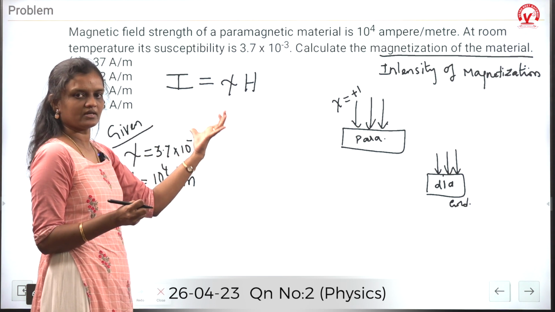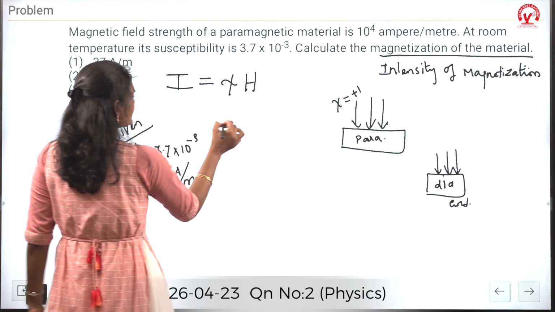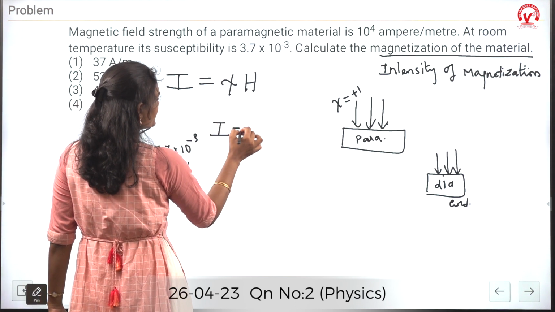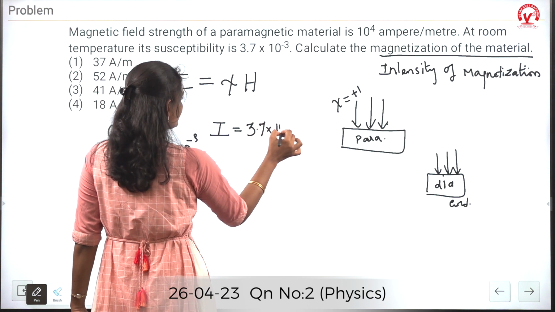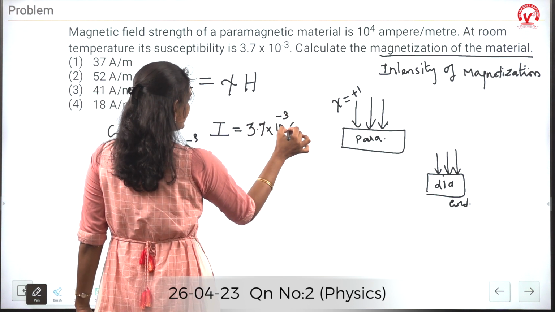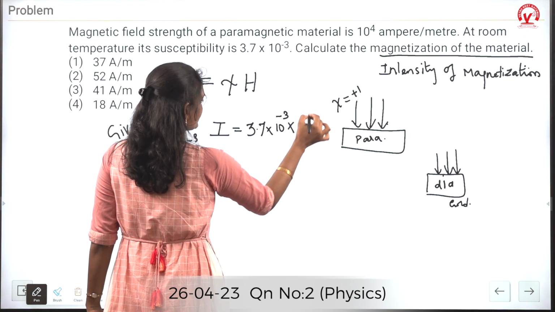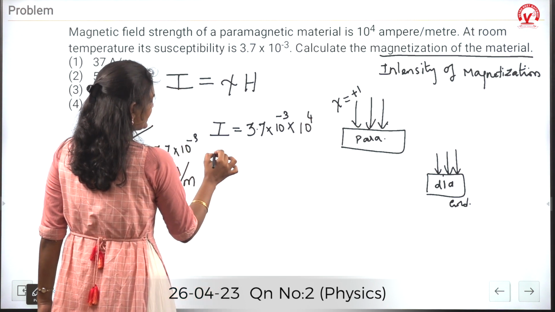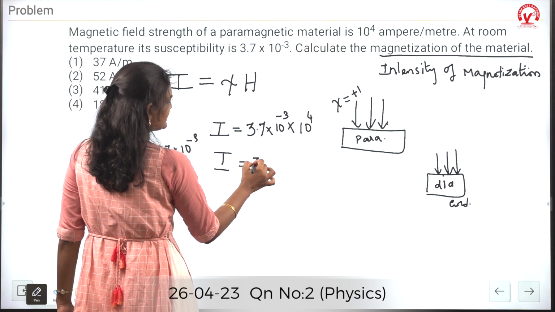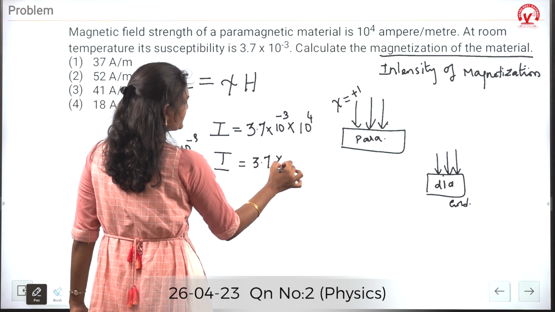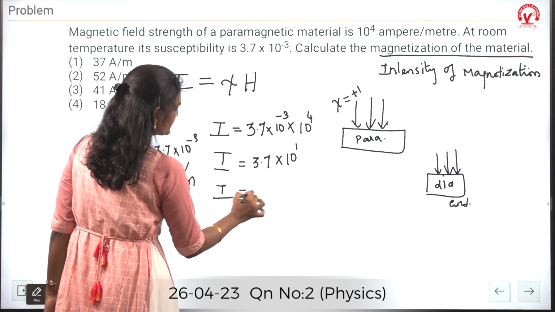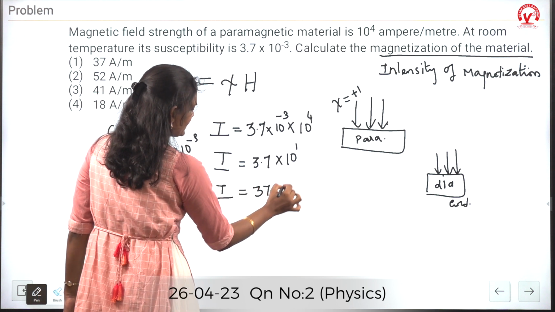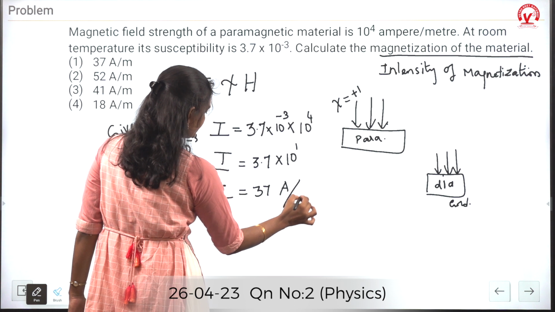Now this can be written as I is equal to chi, 3.7 × 10^-3, times H, 10^4. So I is equal to 3.7 × 10^1, and I is equal to 37 ampere per meter.